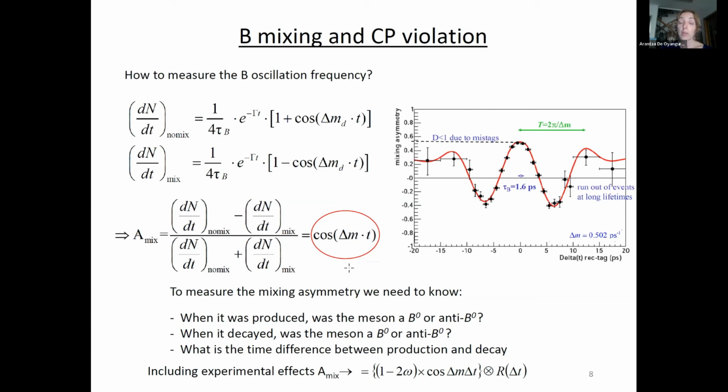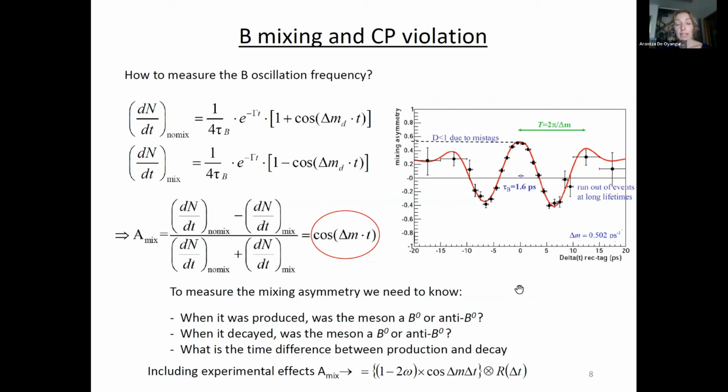We have to know very well which kind of particle or antiparticle we had at the initial and decay states. And we also need the time difference between the production and the decay. For that, it is very important that the experiments have a very good time resolution. In the case of Belle II or the B factories, this is really very good, just 15 femtoseconds, I think. And for LHCb as compared to ATLAS and CMS, it is also much better.